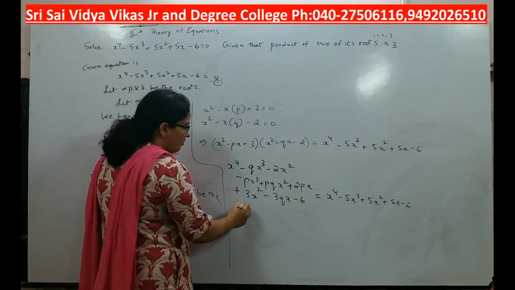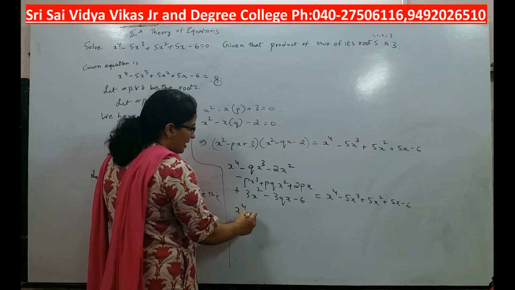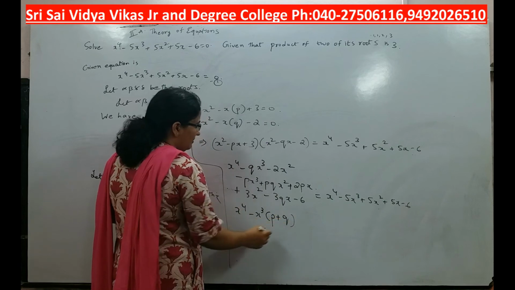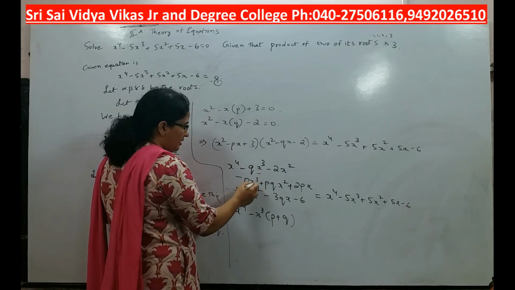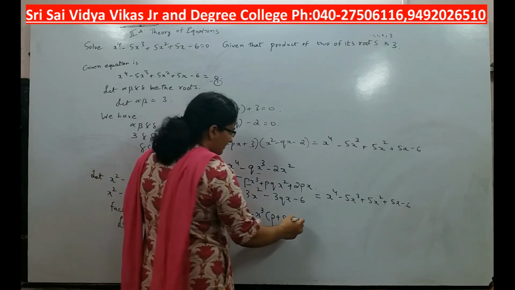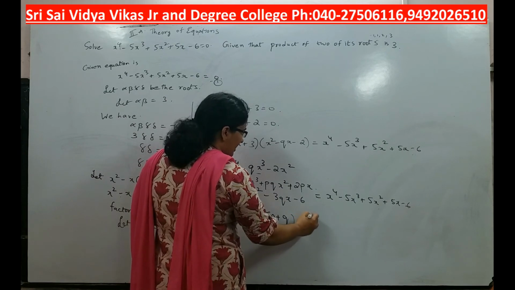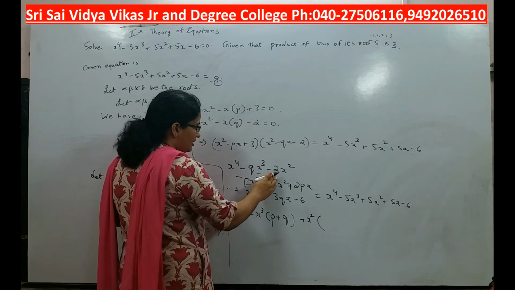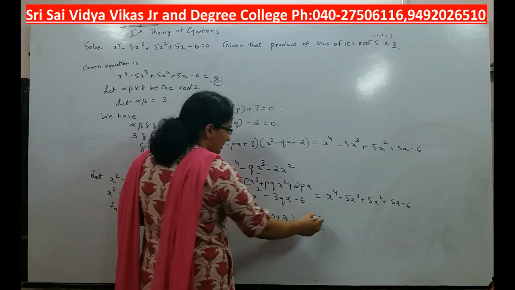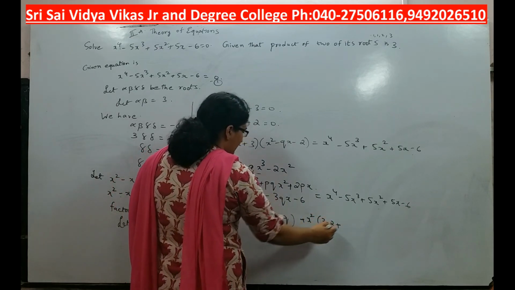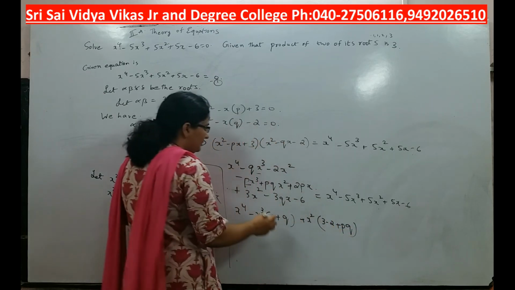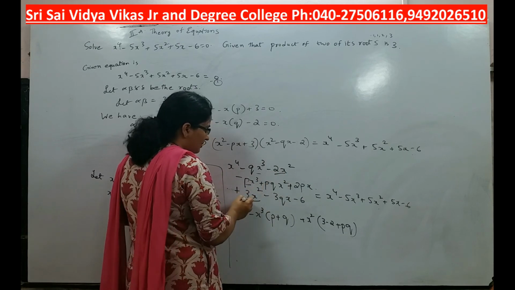So x power 4 minus x cube into (p plus q). X cube terms are over. Let us see x square terms: plus x square into (3 minus 2 plus pq). We are done with x square terms.